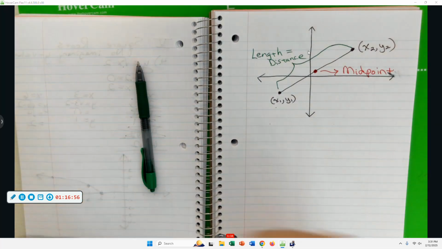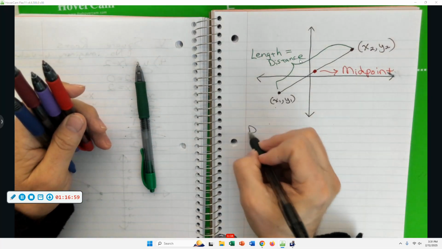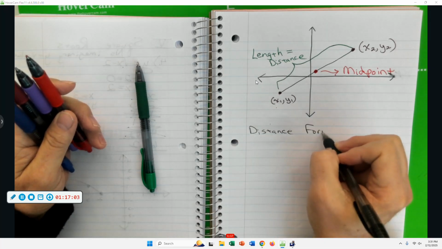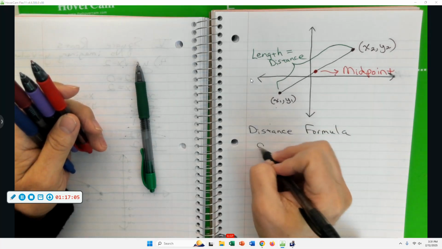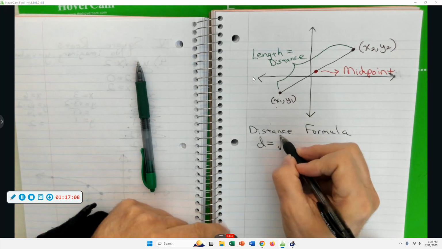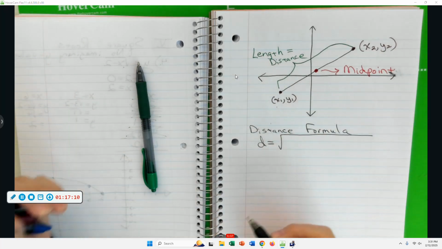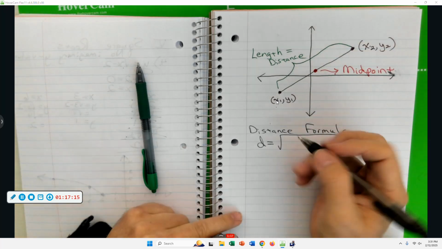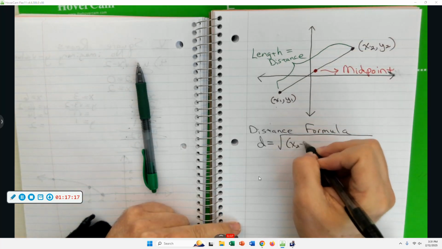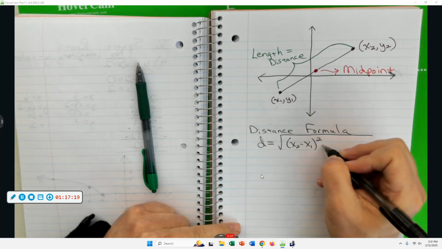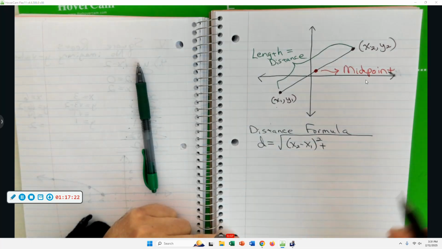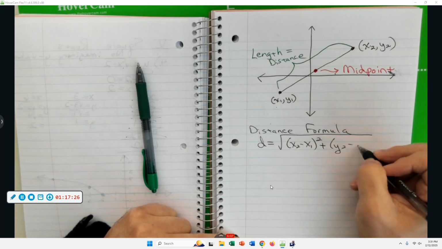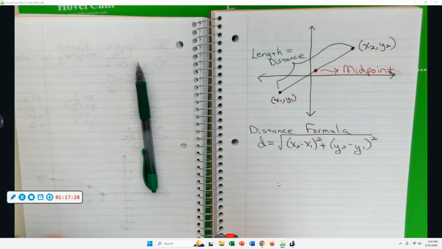Now the distance formula. Here's the formula. D is equal to the square root of second X minus first X, X sub 2 minus X sub 1 quantity squared, plus Y sub 2 minus Y sub 1 quantity squared.